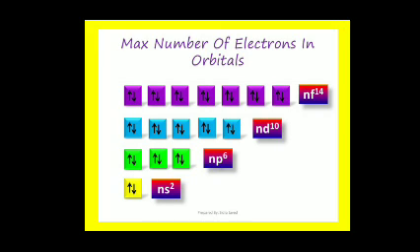The f orbitals hold a maximum of 14 electrons. D orbitals hold a maximum of 10 electrons. P orbitals hold a maximum of 6 electrons. S orbital holds a maximum of 2 electrons.